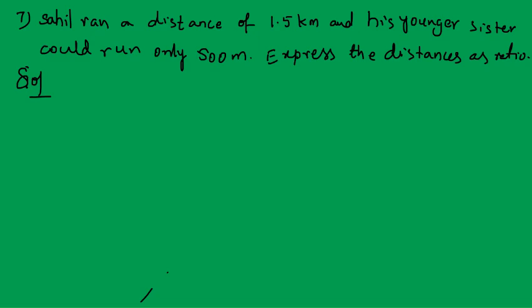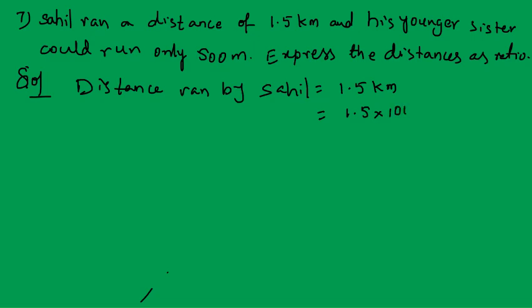So we'll write the statements like this: distance ran by Sahil is equal to 1.5 kilometers. But his sister's distance is given as 500 meters. Let us convert this 1.5 km into meters. We know that 1 kilometer is equal to 1000 meters. So 1.5 into 1000 meters.